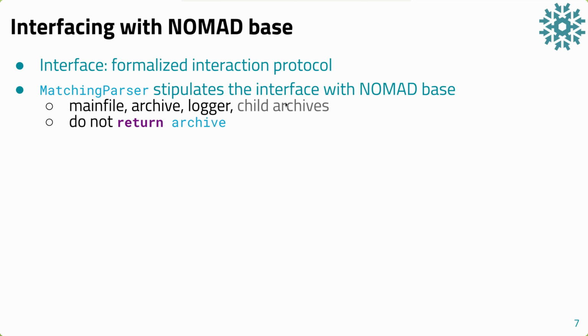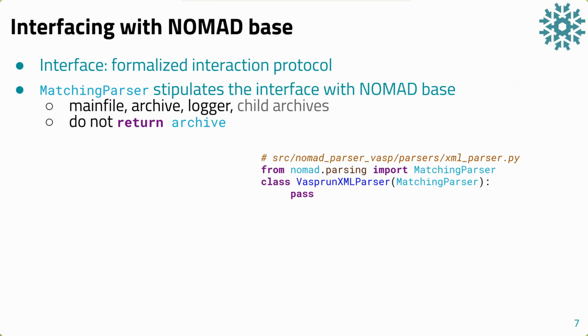Another important thing is that you should not, via the parse functionality implemented by matching parser, return the archive. Rather, it is simply overwritten directly. The reason for this is that you can constructively build it up and don't have to duplicate the data twice before returning it. Of course, you can return something, it wouldn't really create an error, but nothing is going to happen with that.